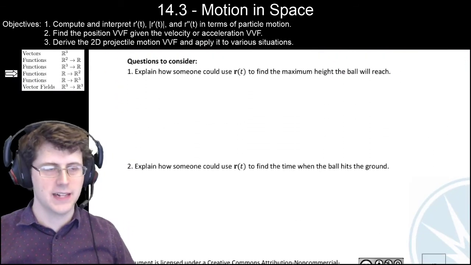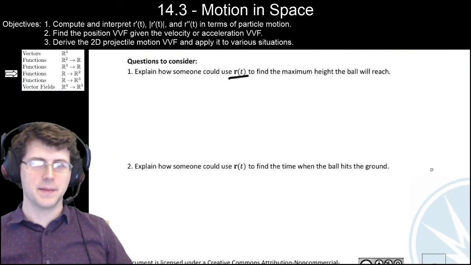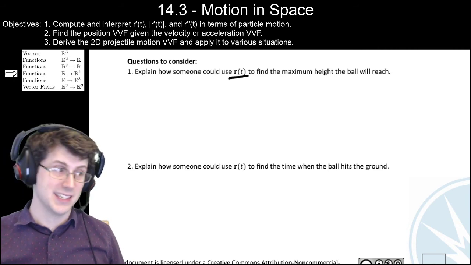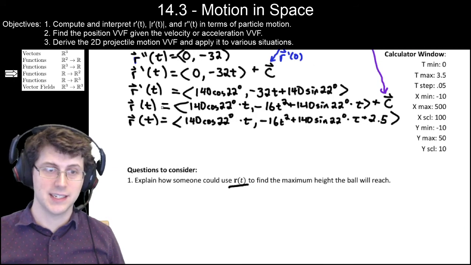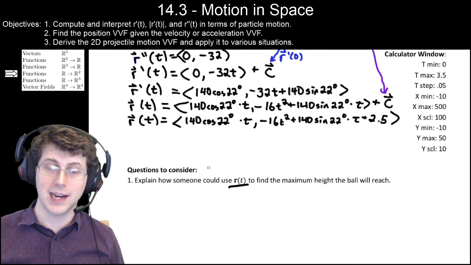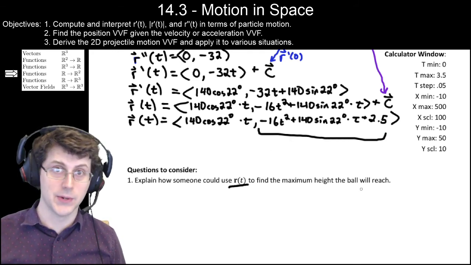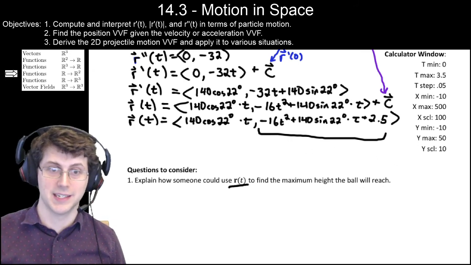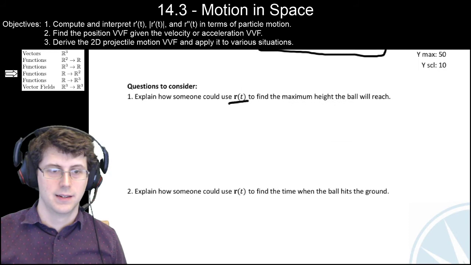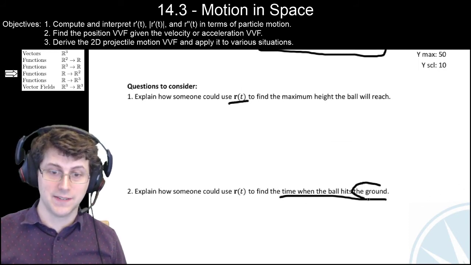A couple follow-up questions. How could we use r of t to find the maximum height? The reason this r of t, this vector valued function here, is nice is that if you have questions about height only, you can just look at the height part. The height is one of the components. So if you want to find the maximum height, you can just grab this and find the maximum of this. If you want to find the time when the ball hits the ground, that is a fact about height.